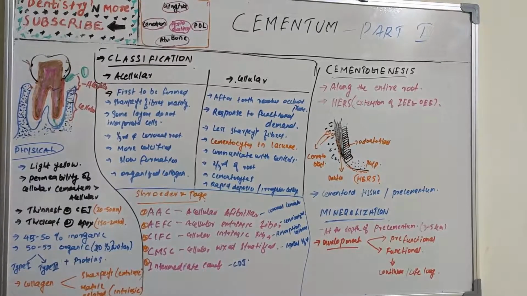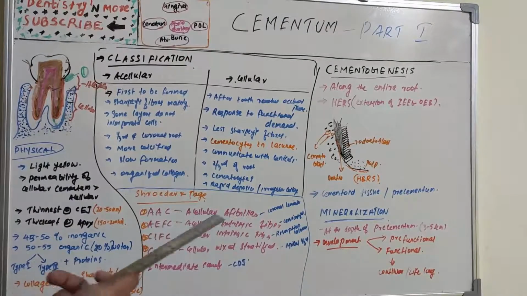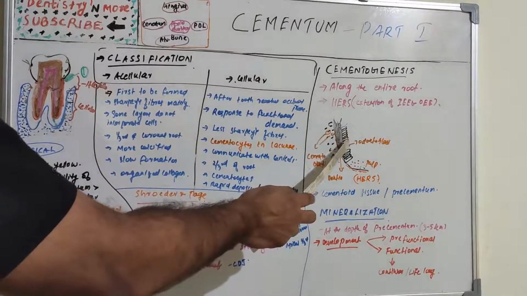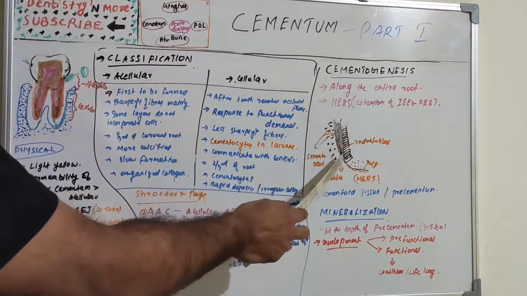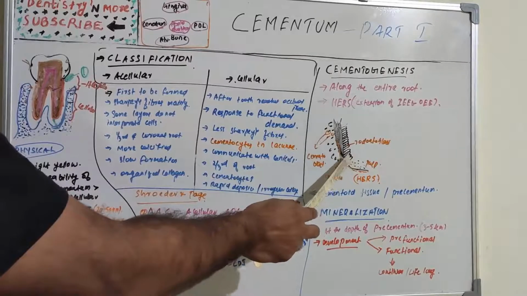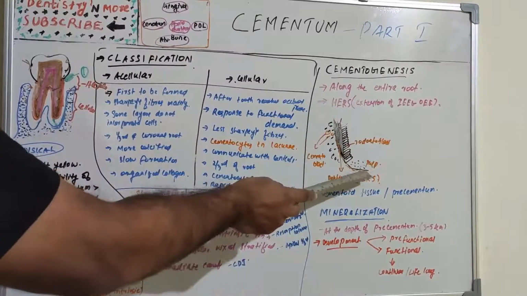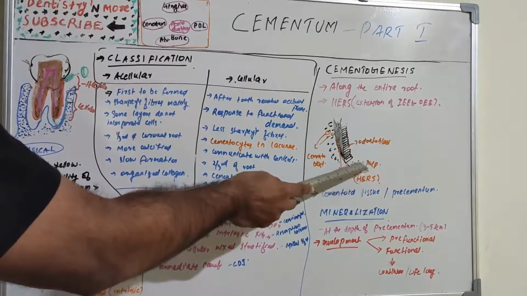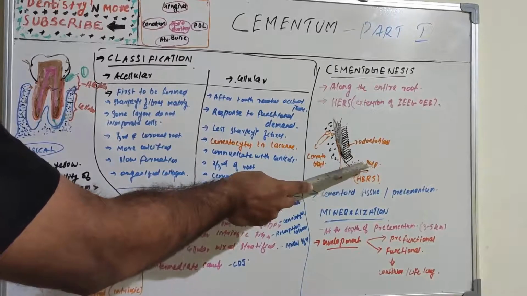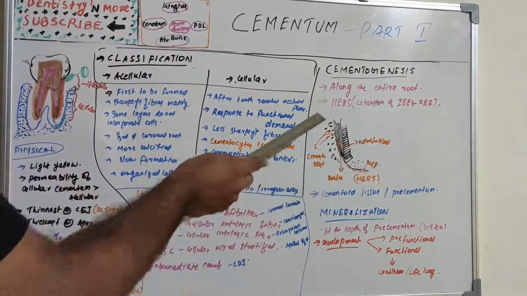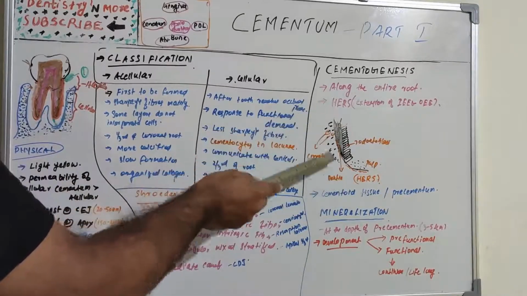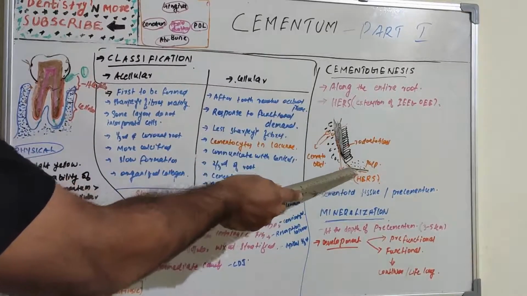Okay. So the ectomesenchymal cells of the pulp now differentiate into odontoblasts and produce a layer of predentine along the inner aspect of HERS. So when HERS sends an inductive message, the dental pulp will produce odontoblasts along the inner aspect of Hertwig's epithelial root sheath.